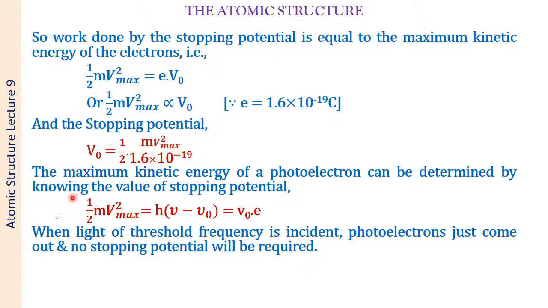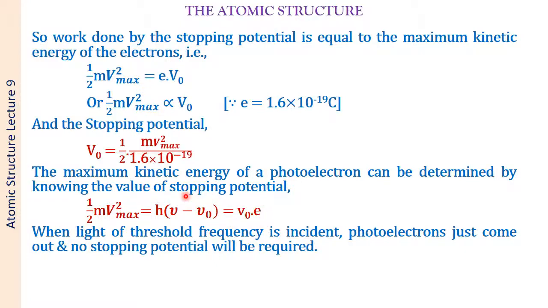So now finally we have a very important relationship, one which was given by Einstein, now in terms of the stopping potential. Half m v square is equal to h into nu minus nu naught, and this is equal to the work done by the stopping potential, that is V naught into e.